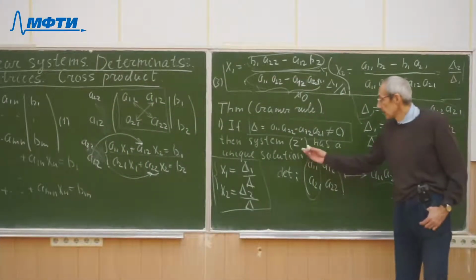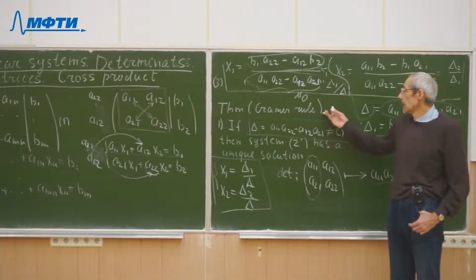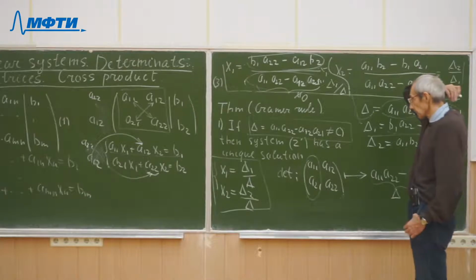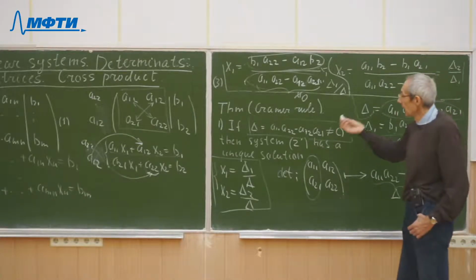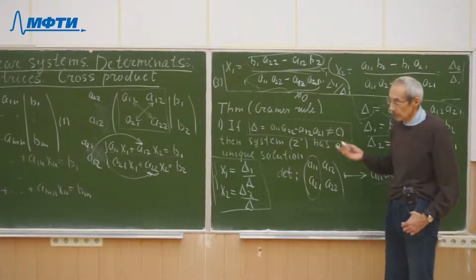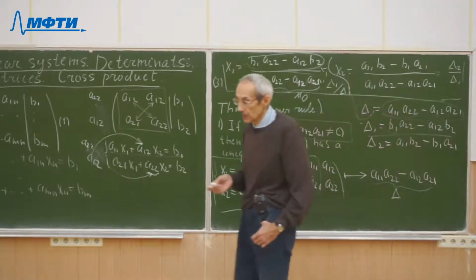This is the main assertion of the theorem which is called Cramer's rule.